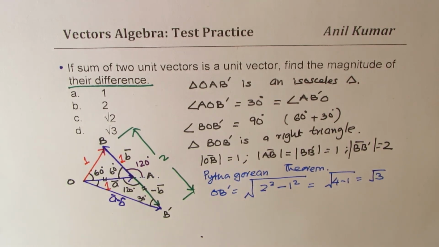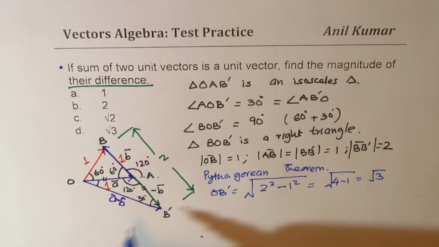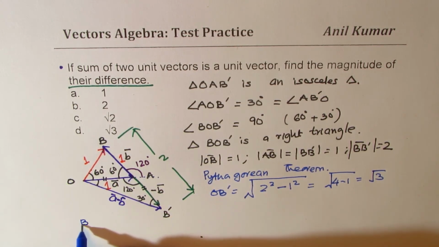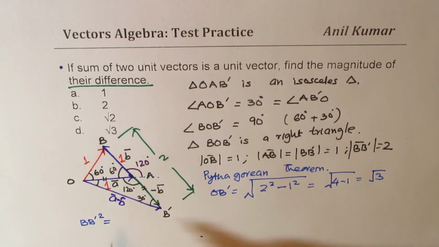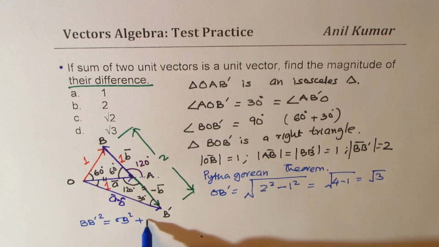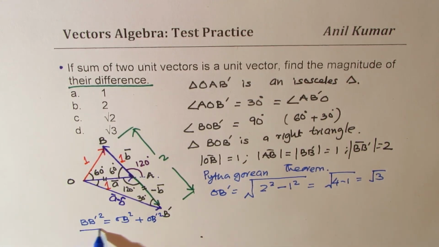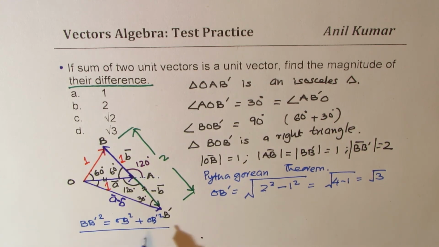Is that clear? Since in a right triangle, we know, let me write down here, BB dash square is equal to OB square plus OB dash square, correct? That is from the Pythagorean theorem. So if you rearrange, then OB dash square will be BB dash square minus OB square.